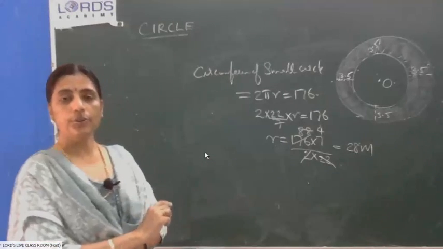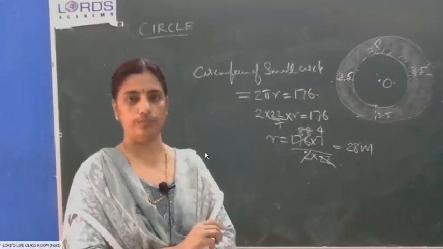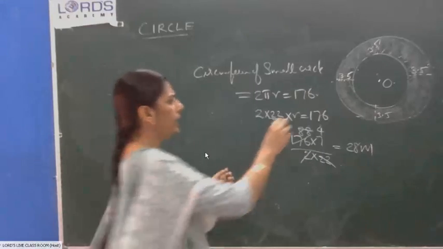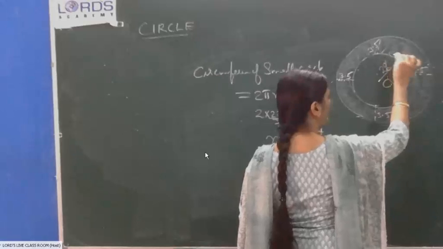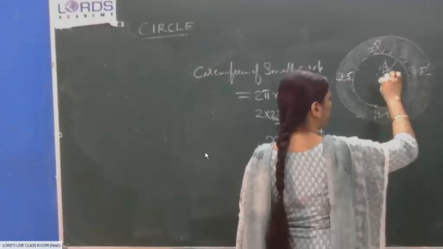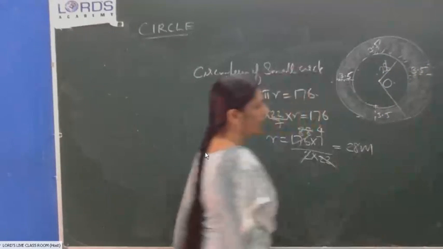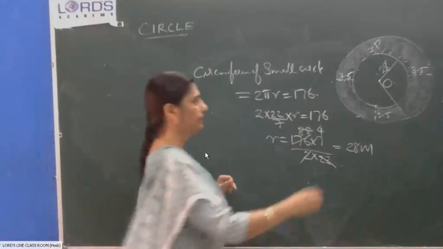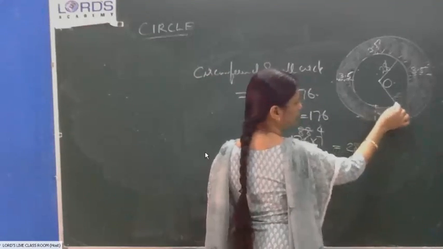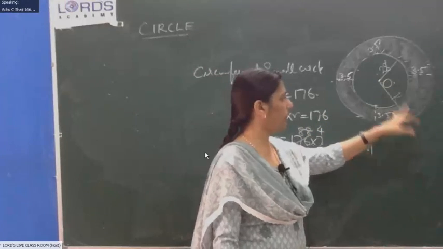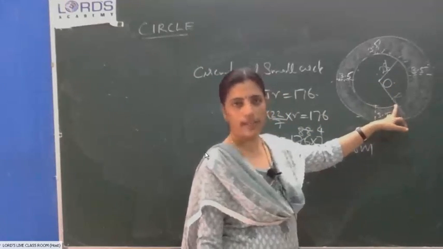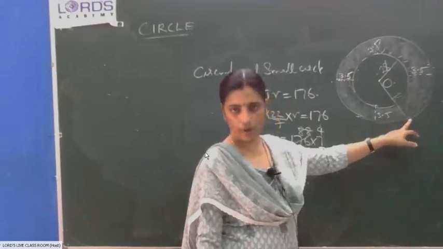Now you have to find the capital R also. How can you find the capital R? This is 28. That means you can mark in this is 28, small r. So this is capital R. Capital R means from here to here. From here to here it is 28. From here to here it is 3.5.